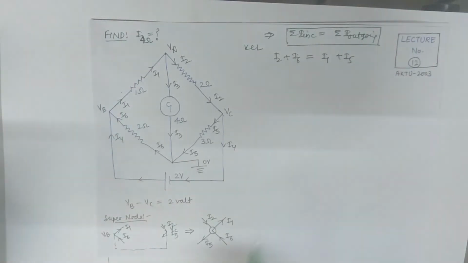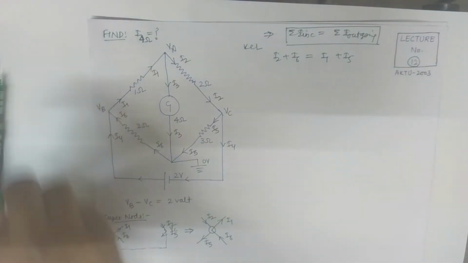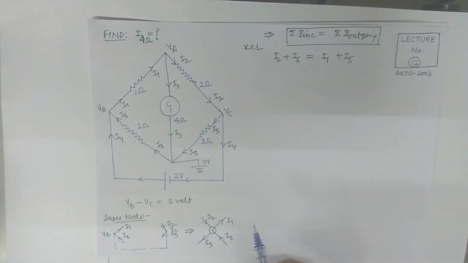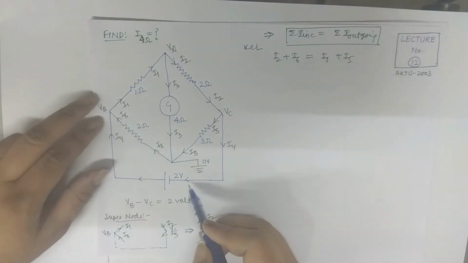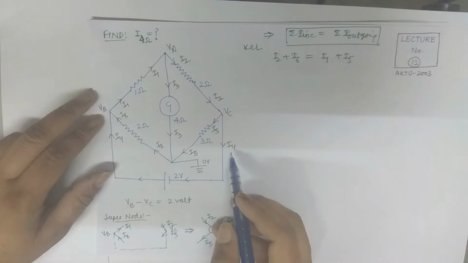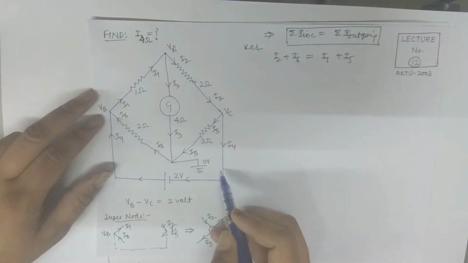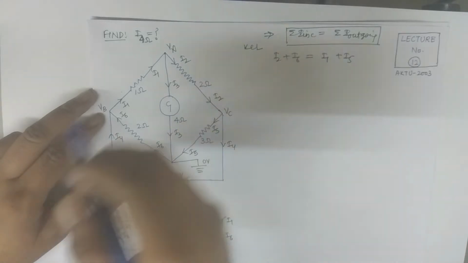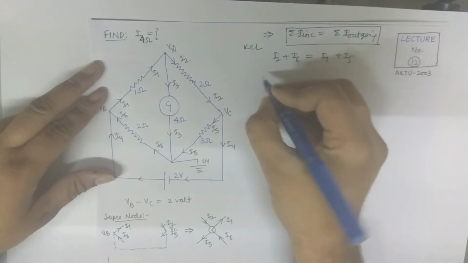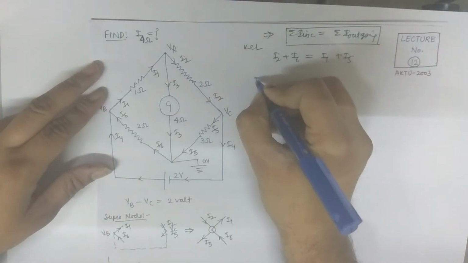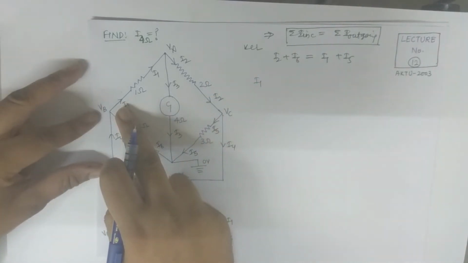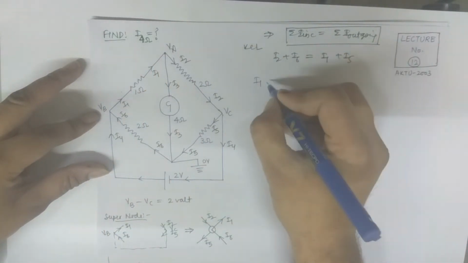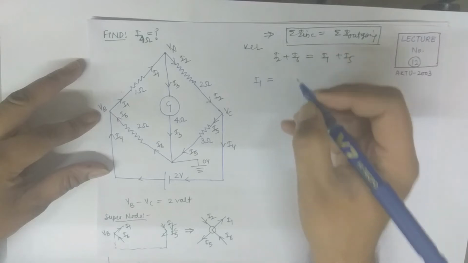Now we write the equation for every current except this I4, because we cannot write this equation, since I is equal to V upon R and there is no resistance available. So except I4, write all the current equations. For I1, it is high potential, it is low potential. I already explained how to write this equation.